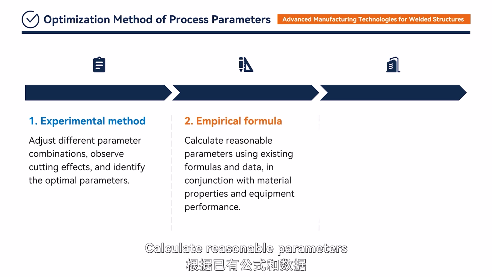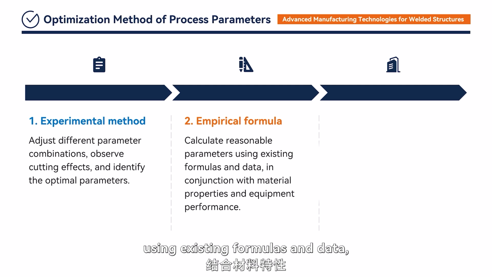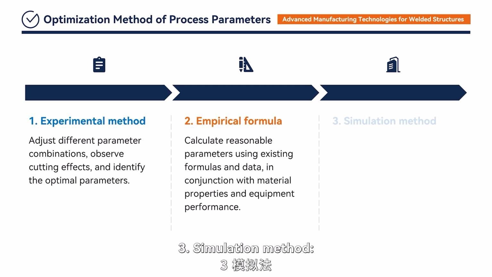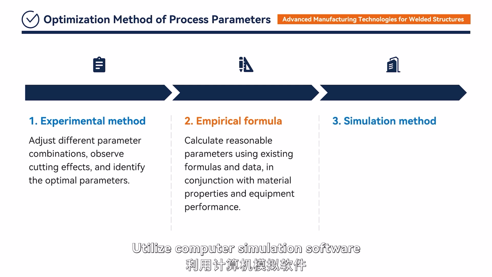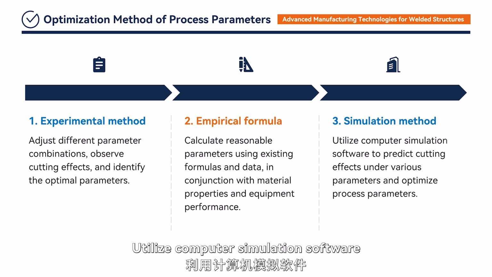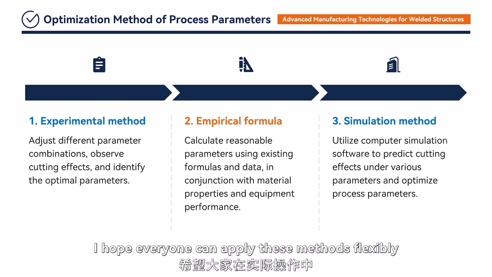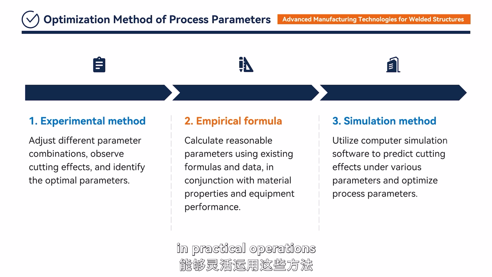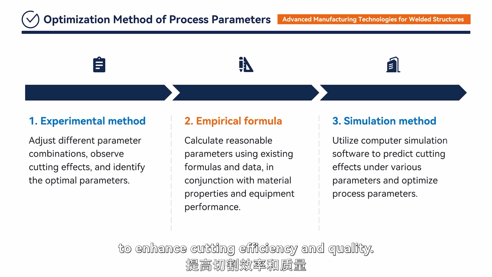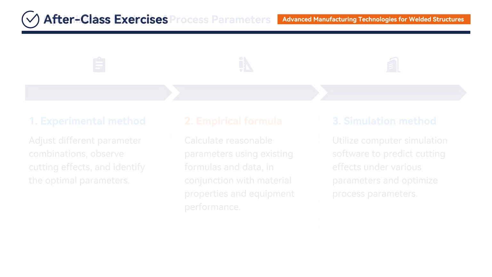Calculate reasonable parameters using existing formulas and data in conjunction with material properties and equipment performance. 3. Simulation method. Utilize computer simulation software to predict cutting effects under various parameters and optimize process parameters. I hope everyone can apply these methods flexibly in practical operations to enhance cutting efficiency and quality.